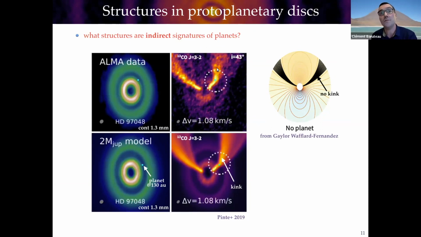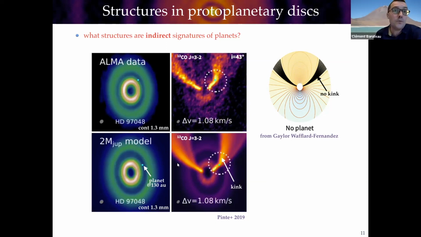And this discontinuity is something that is predicted to arise from the presence of shocks driven by a planet in a disk. So if you have no planet in a disk, the butterfly-like emission of the gas in the particular channel map is very smooth, very continuous, like what you see on the right-hand side.